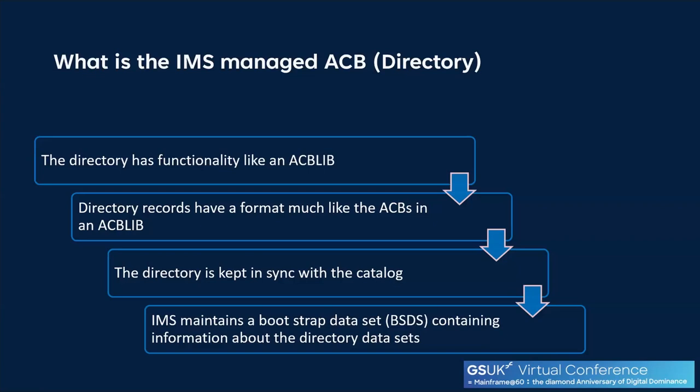So as I mentioned, the directory has a functionality very much like ACB Live. If you open two members, one in ACB Live and one in directory, they look almost identical. Your directory is kept in sync with the catalog. In the past, with a non-managed ACB environment, there was no catalog; everything was in ACB Live. But in managed ACB, you have directory, which is an equivalent of ACB Live, but you have a catalog also.